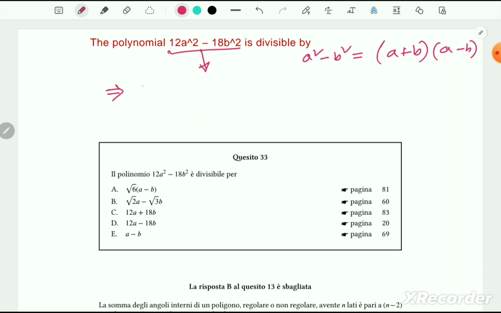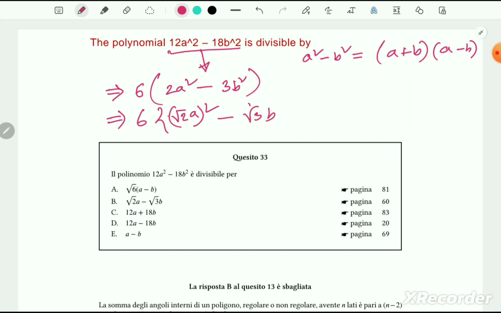We can take 6 common here, then it becomes 2a square minus 3b square. Then we can write 6 into root 2a whole square minus root 3b whole square. I'm just simplifying it for better understanding.